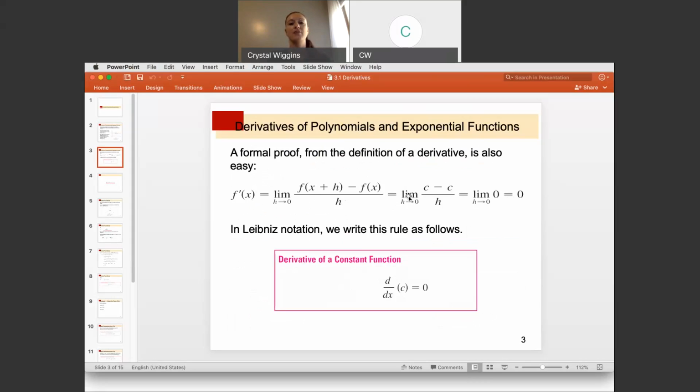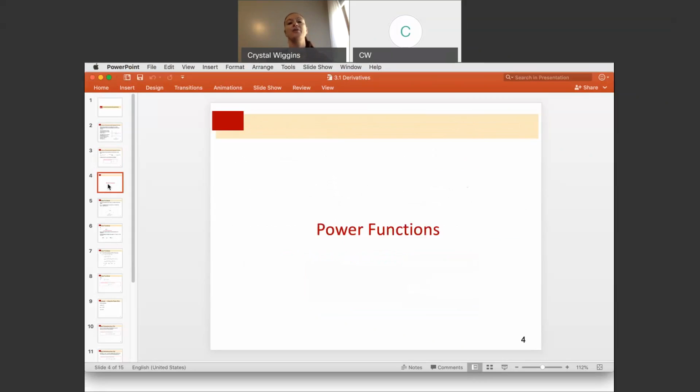And we see that any constant minus any constant, because that would be the function here, gives us a limit of 0. And therefore, the derivative is always 0. So taking the derivative of 5, 0. Taking the derivative of 284,000, 0.